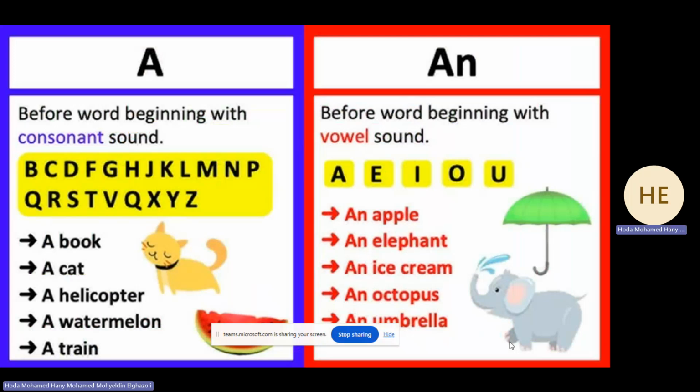We use a before words beginning with consonant sounds. Consonant sounds are the other letters like B, C, D, F, G, H, and so on. For example, a book, a cat, a helicopter, a watermelon, a train.